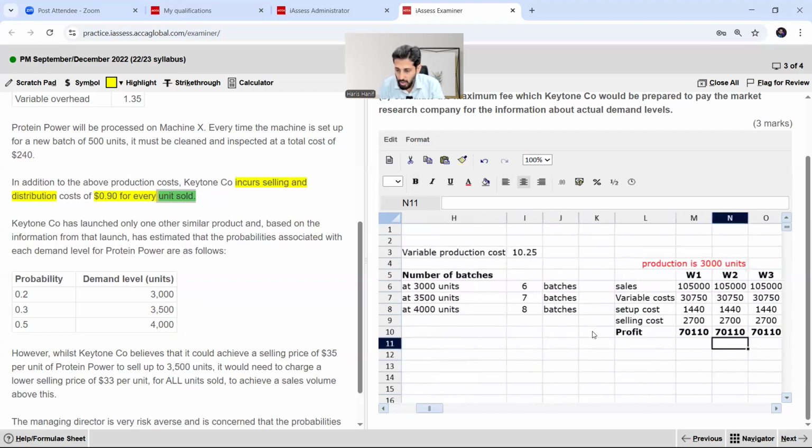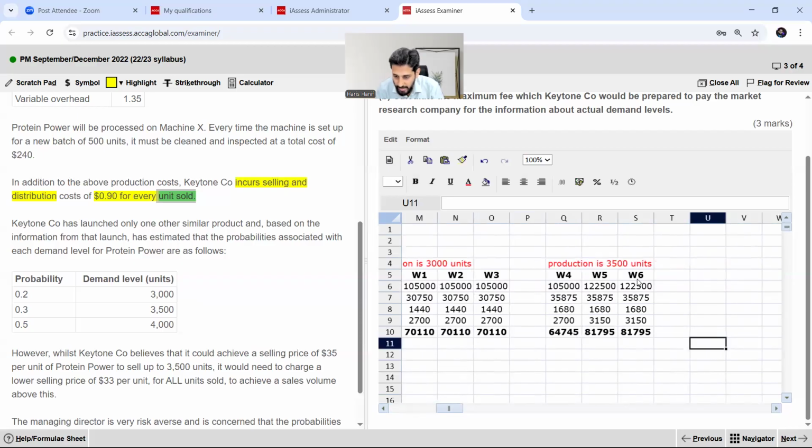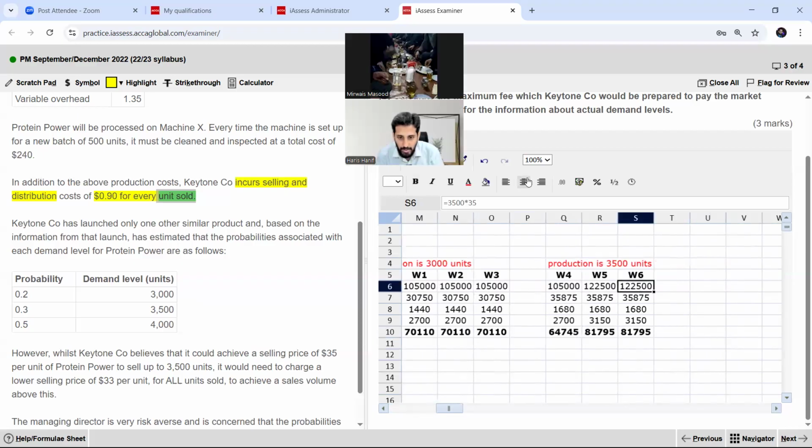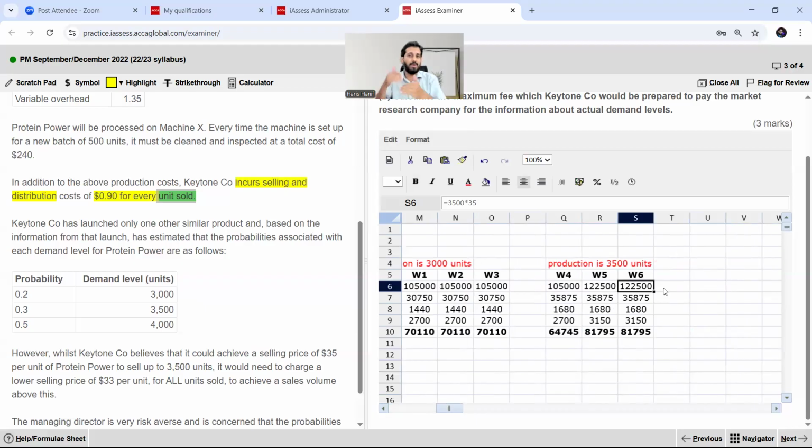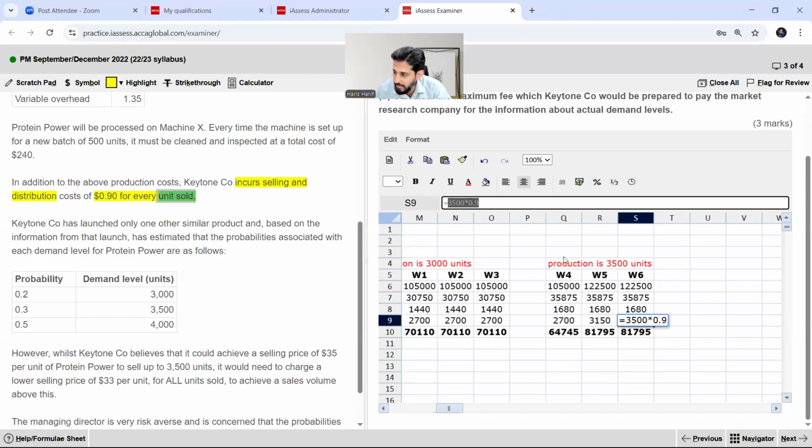So this is the thing. Now please note and correct this thing that in working number 6, regardless of the demand of 4,000 units, I cannot sell more than 3,500 units. So that's a very simple point. All right, students. I am assuming that you have made the correction in this and in this cell as well, because we have sold 3,500 units.